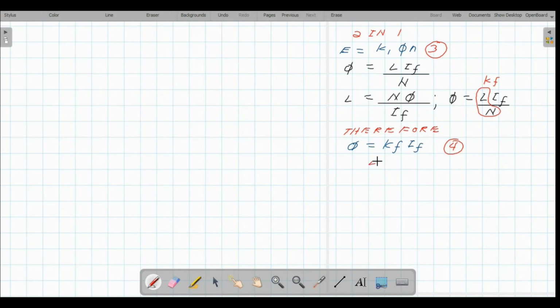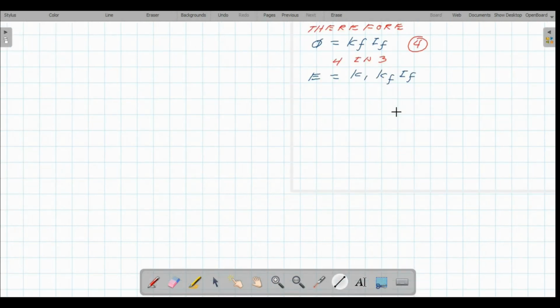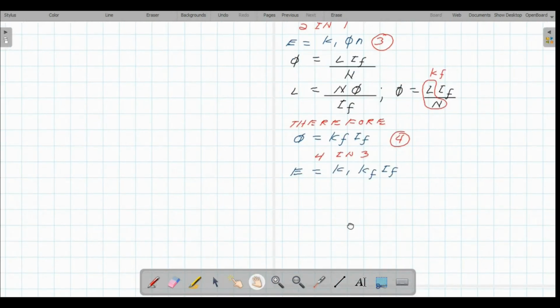Substitute equation 4 in equation 3. So therefore, we can write E equals constant 1 multiplied by, substitute mo dito sa magnetic flux. The magnetic flux has a formula of field constant times the field current. Kaya lagay ko ito na KF IF multiplied by the speed. Kasi may speed na given.